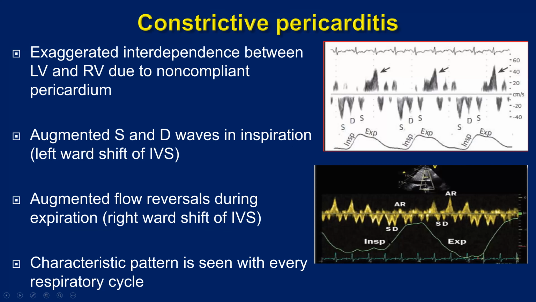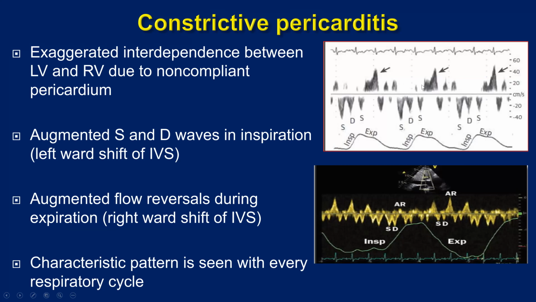As we said, inspiration up, expiration down, inspiration up, expiration down. So we have exaggerated forward flow in inspiration, and during expiration we have prominent reversal flow and diminished forward flow.